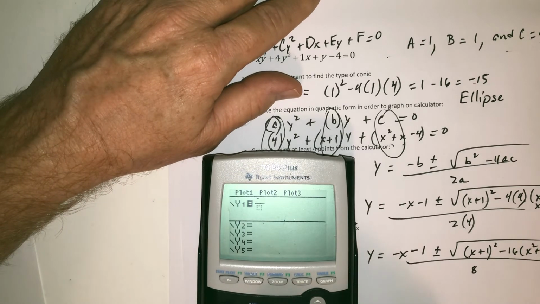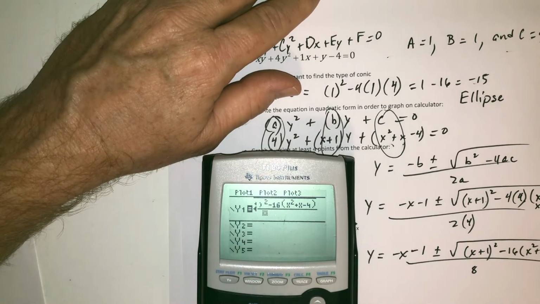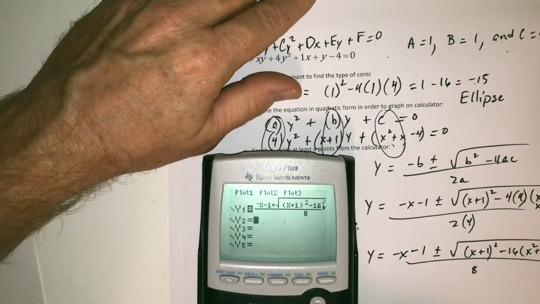So negative x minus 1 plus the square root of, in parentheses, x plus 1 squared minus 16 times x squared plus x minus 4, close that off, and then put in your denominator, which is 8, and that was the plus.